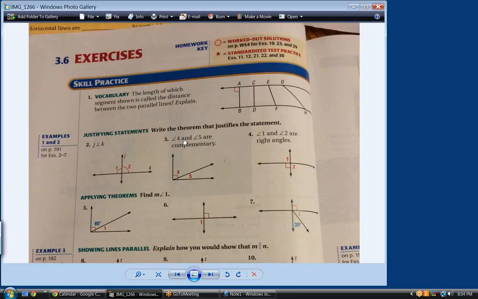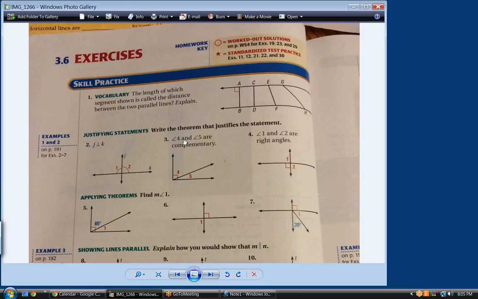Now, there may be a theorem. Well, hold on. I'm looking in a book, and I have the same book as you. I don't see one for this one, but let's go on anyway, because the next three questions are the next three theorems in my chapter 3.2.